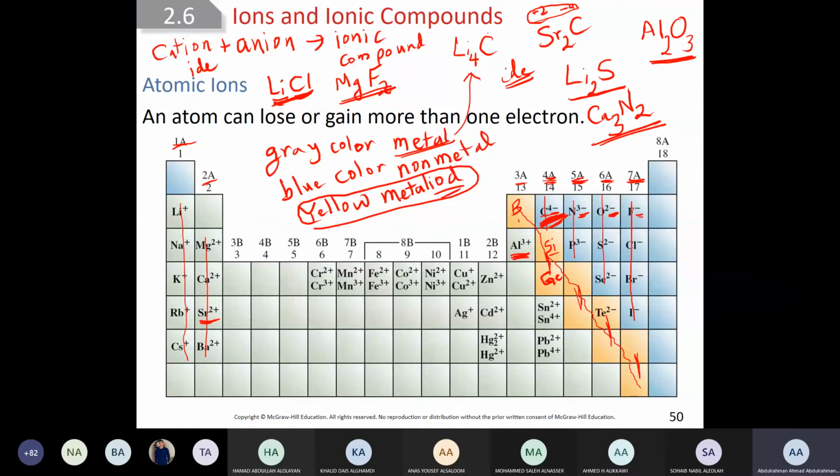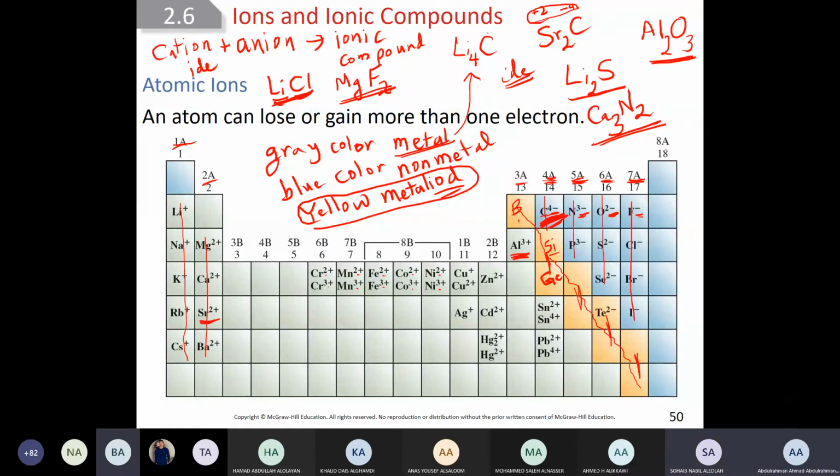Most of the transition metals are what? 2 and 3. How about manganese? 2 and 3. How about iron? 2 and 3. How about cobalt? 2 and 3. How about nickel? 2 and 3. But copper?